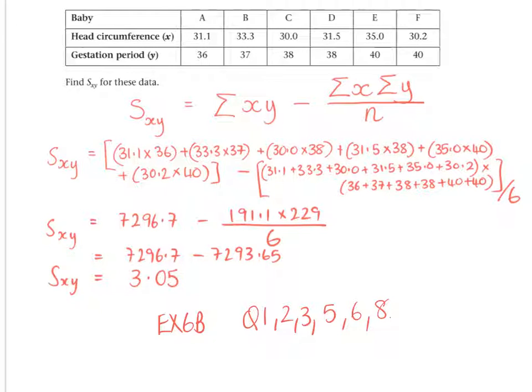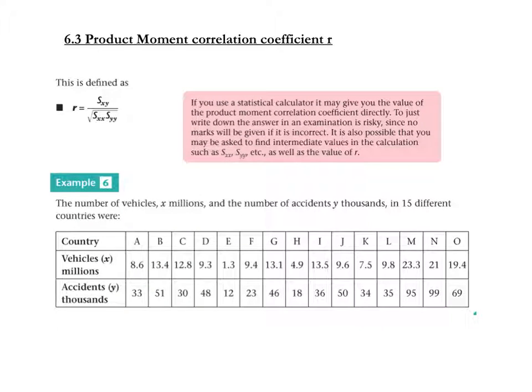Now this is used when we do covariance, it's used to find the product moment correlation coefficient, and it's given a letter, little r. So we abbreviate that to product moment correlation coefficient. And you can see here that it uses 3 sets of covariance.